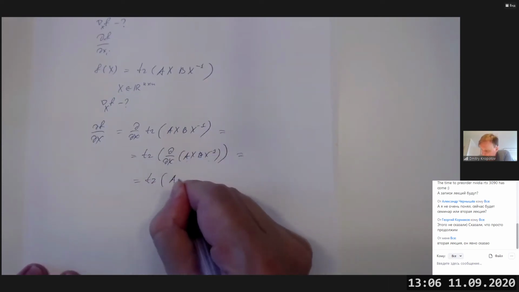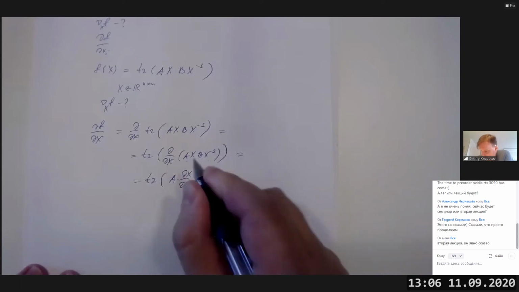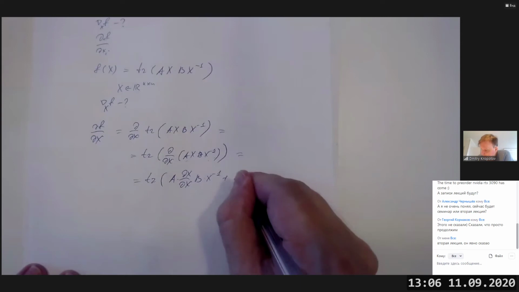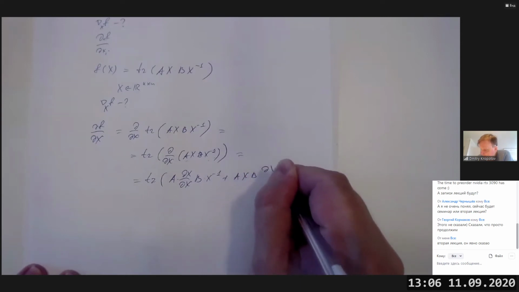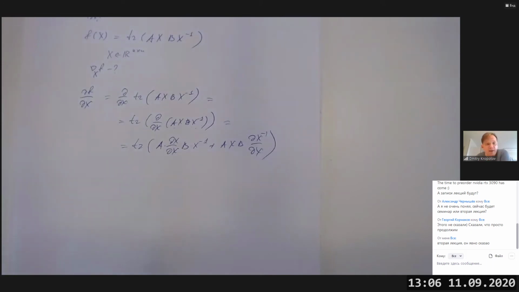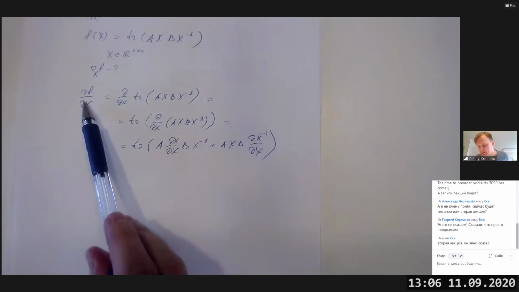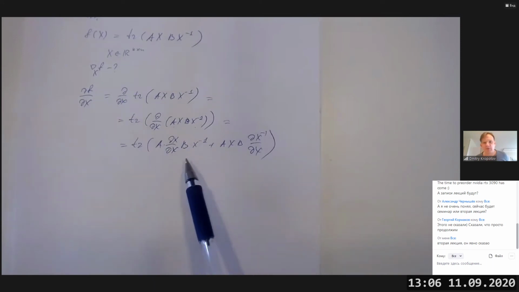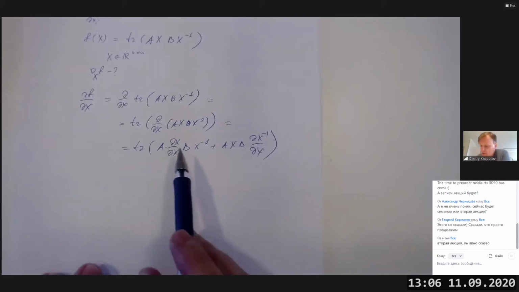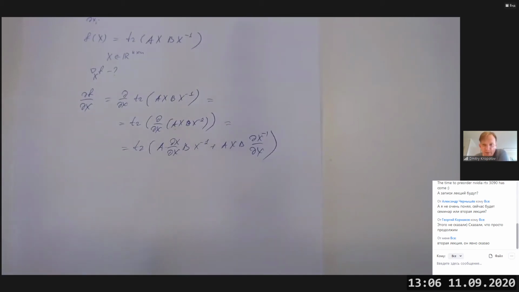So it would be a times dx, regardless of what it means, plus ax, b. So something like this. So we would like to calculate the derivative of our function using matrices, using this type of operation.